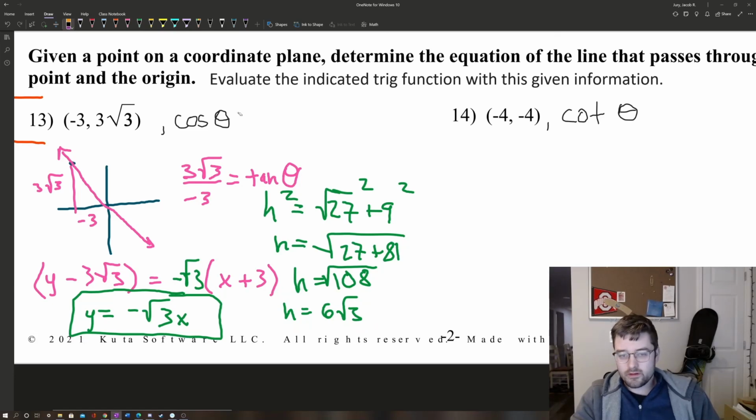So, sorry, that's not the final answer. Our final answer is going to be adjacent, so negative radical 3 over 6 radical 3, which is negative radical 3 over 2.